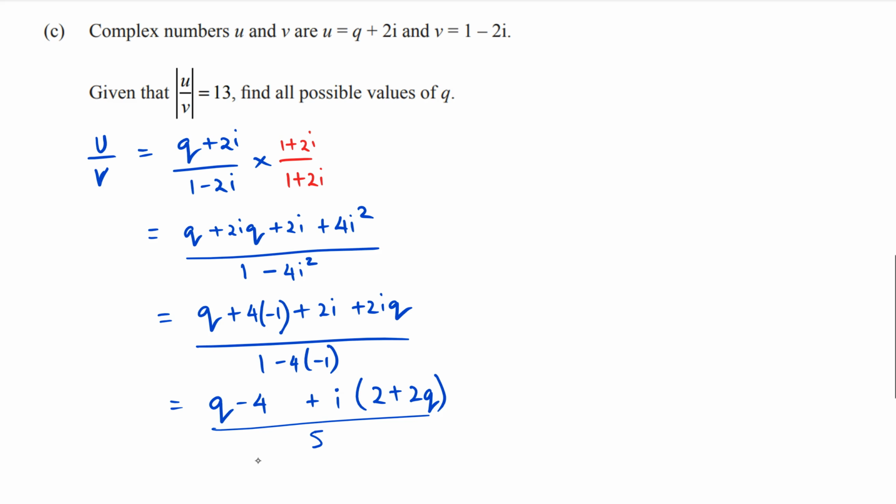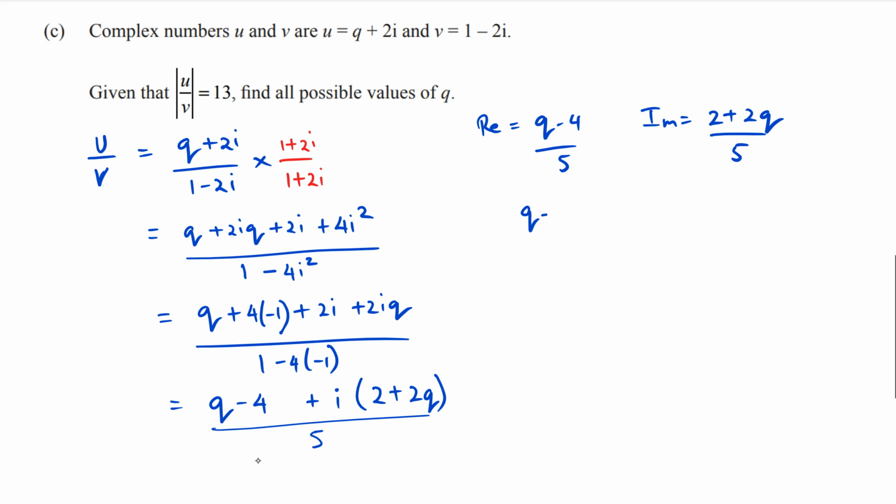So now I can take the real part squared and the imaginary part squared. The real part is q minus 4 over 5, and the imaginary part is 2 plus 2q over 5.